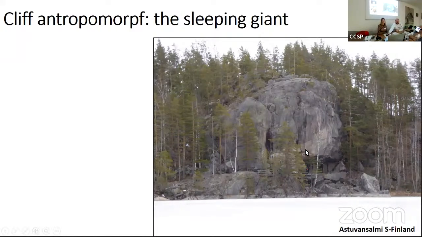The rock art is situated here, and if you look closely at the cliff, this was actually called the Sleeping Giant before the rock art was made. And you can actually see the forehead, the eye, the nose, the mouth and the chin of the cliff. So actually the formation of the cliff makes out the face. And we find this on quite a lot of cliffs with rock art in Northern Europe.